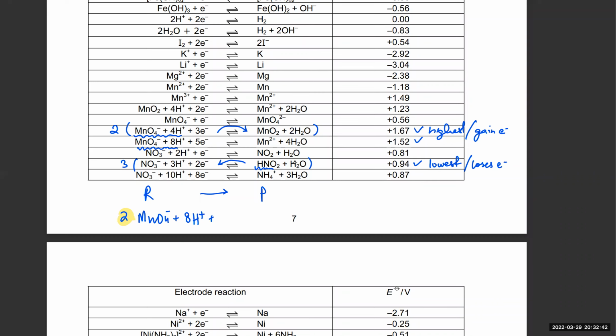So it's going to be 3 HNO2 plus 3 H2O. And the products are going to be, the first one multiplied by 2, MnO2 and 4 H2O. So that's 2 MnO2 plus 4 H2O. And the second one, the product is 3 nitrate ions, and what else? 9 H plus 1 ions.